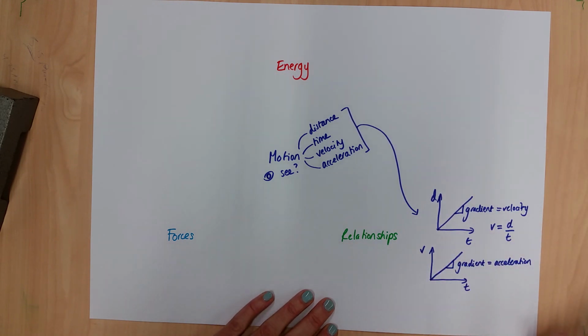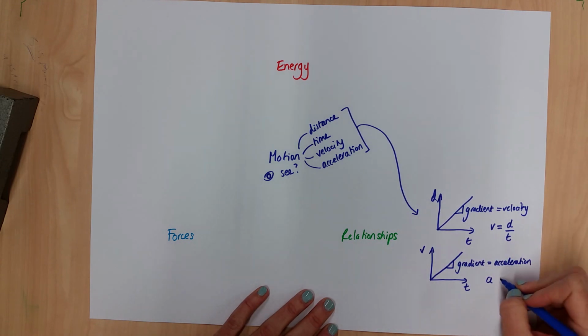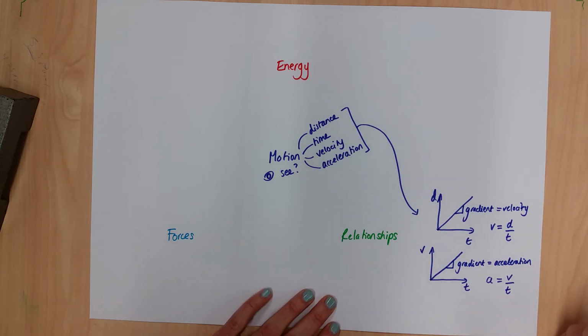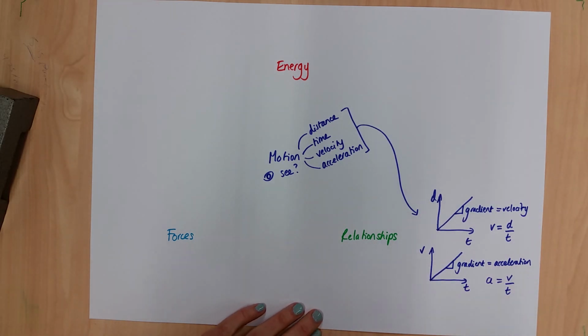The same idea is true here for velocity and time graph. We can actually get our acceleration, which is equal to the velocity divided by the time. So again, if we know how quickly a velocity has changed and how long it took, that'll give us our acceleration.